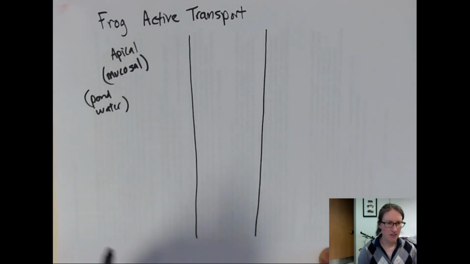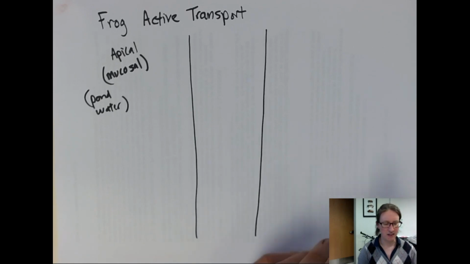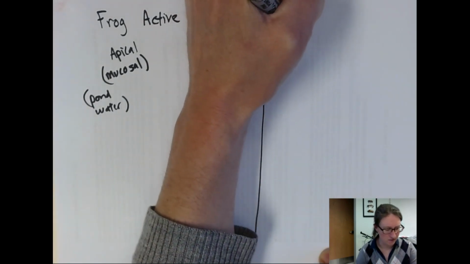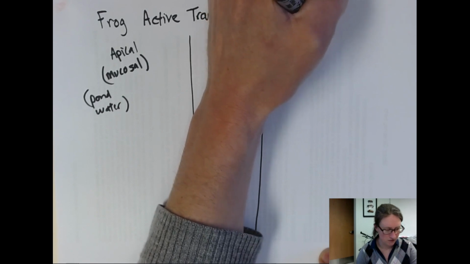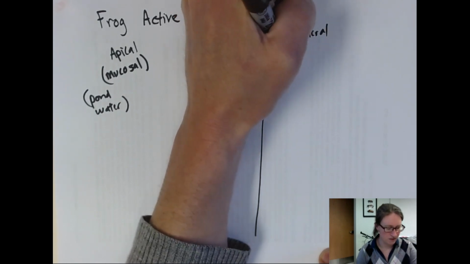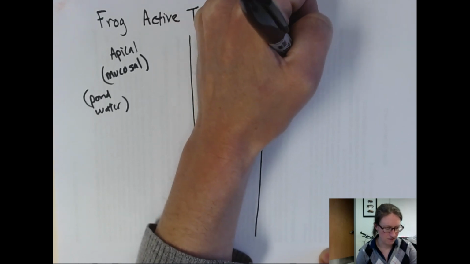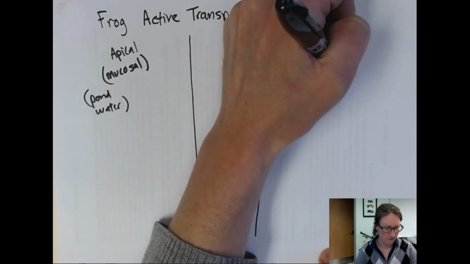Okay? Then the other side of the frog's skin, which is the interior portion, so it faces the frog's blood plasma, that side is referred to as the basolateral side of the tissue. It's also referred to as the serosal side. And again, that faces the blood.